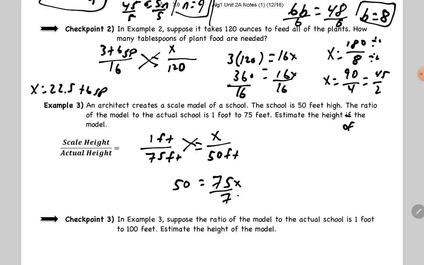So I divide by 75, and I'll get x equals, so notice how 50 over 75, they both can be divided by 25. So this becomes 2 over 3.